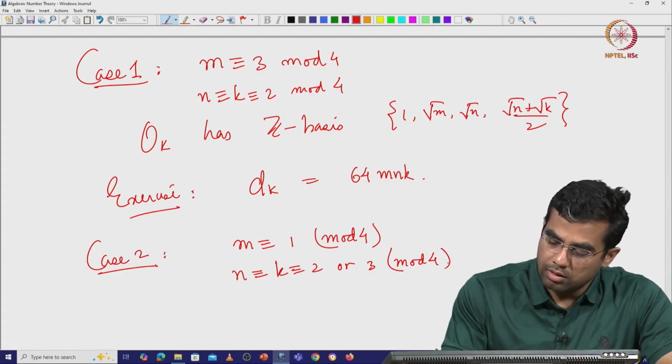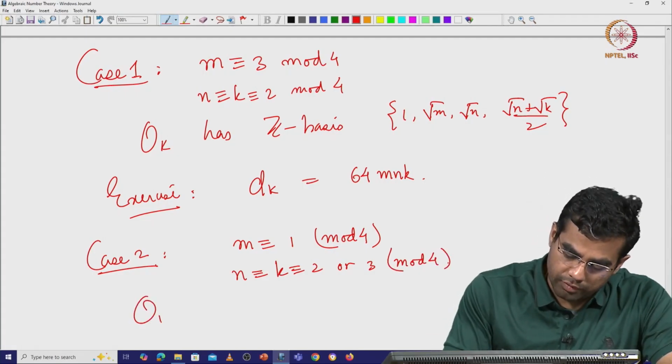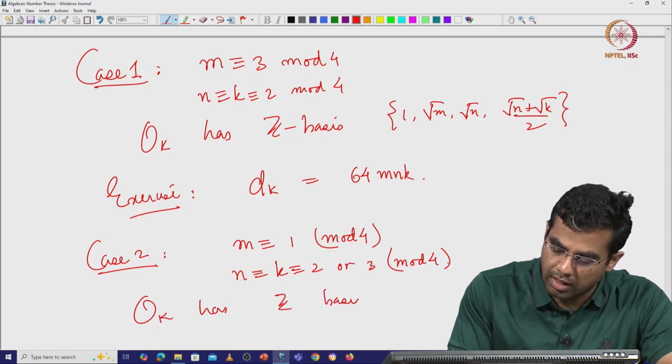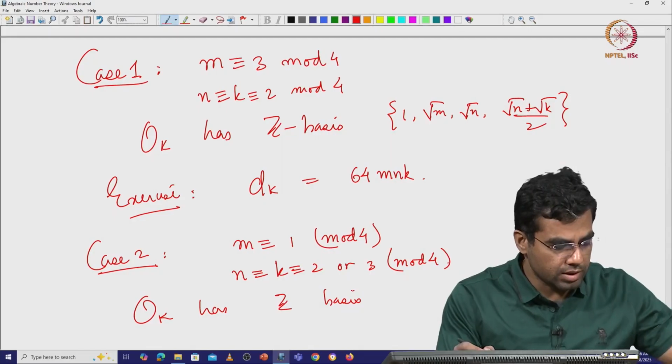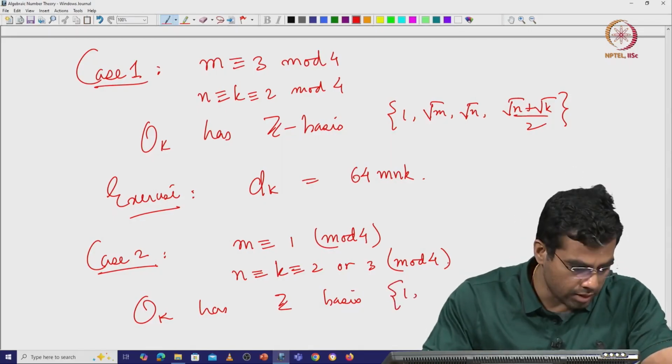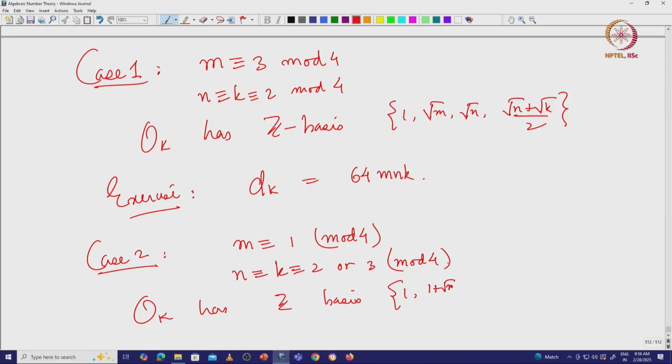Again, in this case we proved that O_K has Z-basis given as follows: (1 + √m)/2, √n, and (√n + √k)/2, and again you can take as an exercise that the discriminant in this case is 16 m n k.